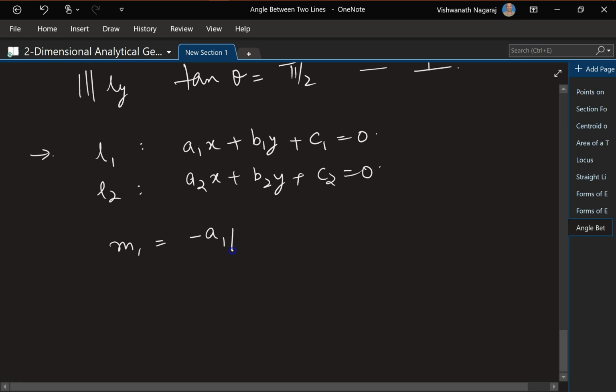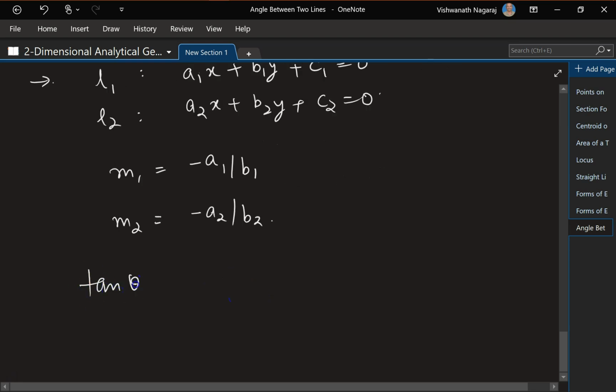So minus A1 by B1, and slope of the second line would be minus A2 by B2. So the angle between these two lines would be equal to the magnitude of m1, that is minus A1 by B1, minus m2, that is minus A2 by B2, divided by 1 plus m1 m2.